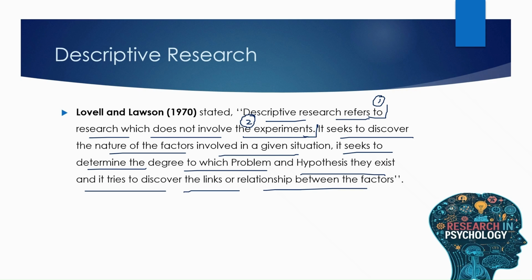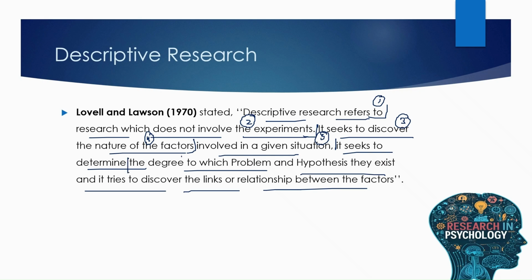Okay, so the first sentence by Lowell and Lawson says descriptive research refers to a research which does not involve the experiment. What does it do? It seeks to discover, okay, it seeks to discover what? The nature of the factors. What kind of factors? That are involved in a given situation. Okay. It seeks to determine the degree. Seeks to determine what?